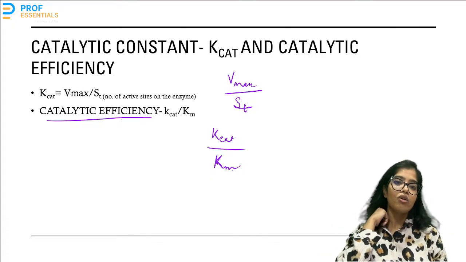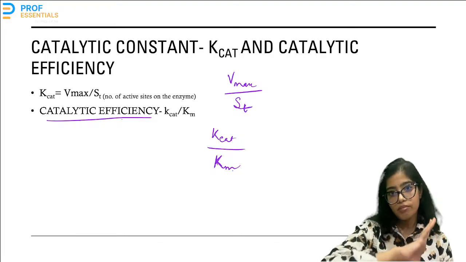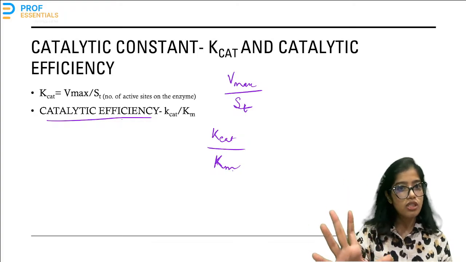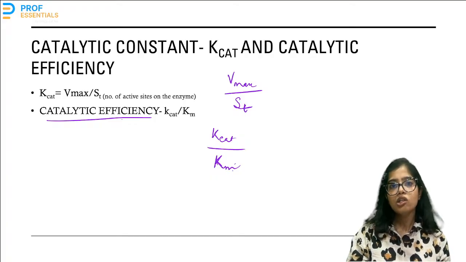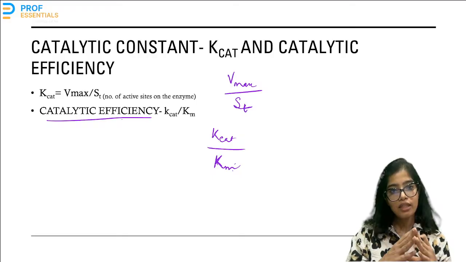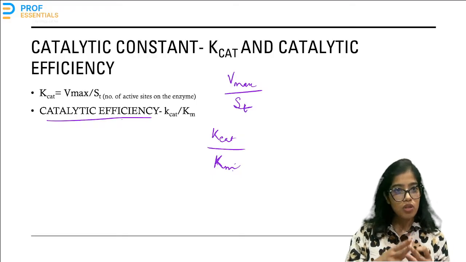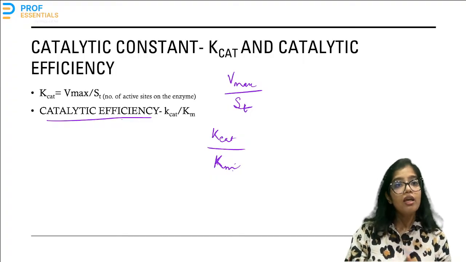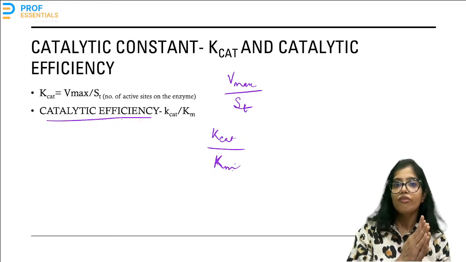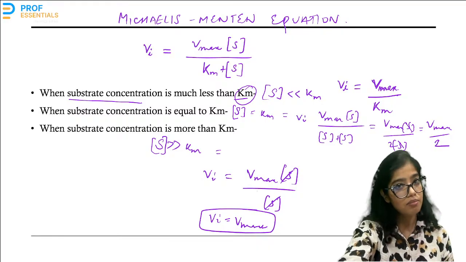So if at a lesser concentration of substrate, half of the maximum velocity is getting reached, that means the catalytic efficiency is very high. So catalytic efficiency is catalytic constant divided by the Km, that is the substrate concentration at which half of the maximum possible velocity is reached, and catalytic constant is Vmax divided by the number of active sites on that particular enzyme.